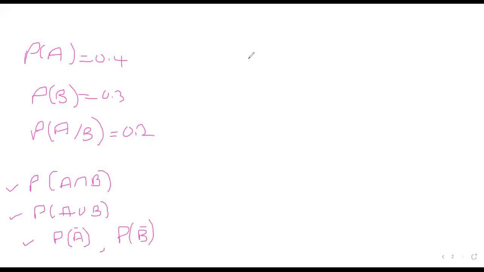I'll be as basic as can be. Whenever you are given a conditional probability, you first expand it. So A given B: what goes down?